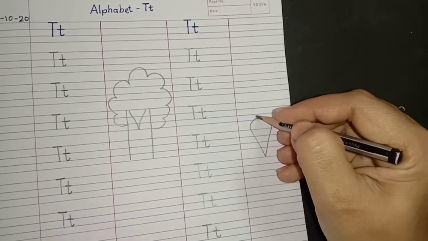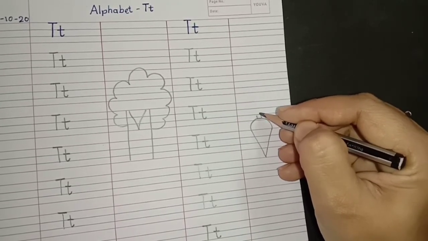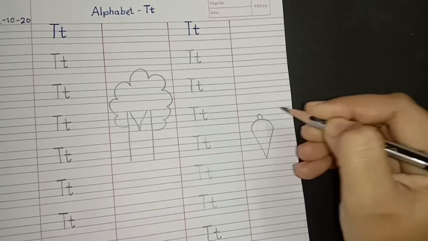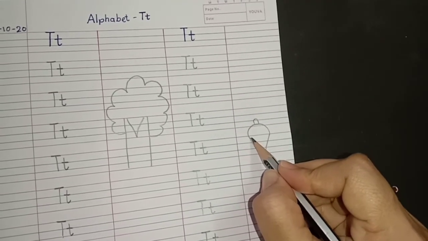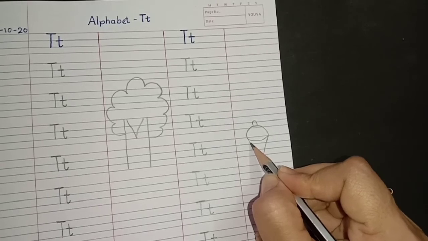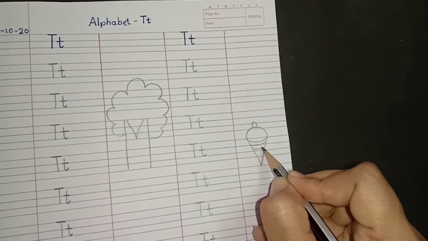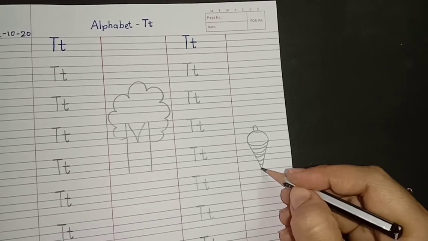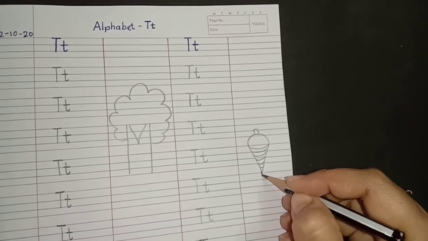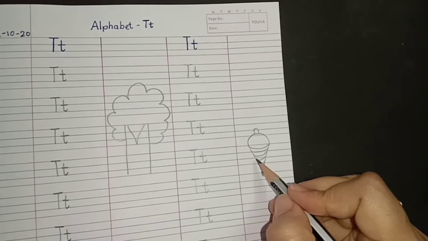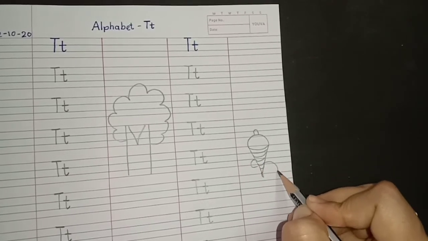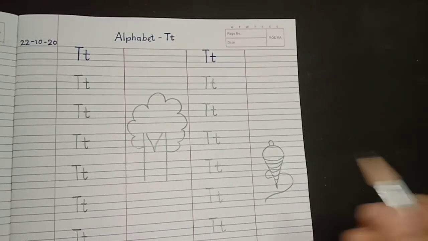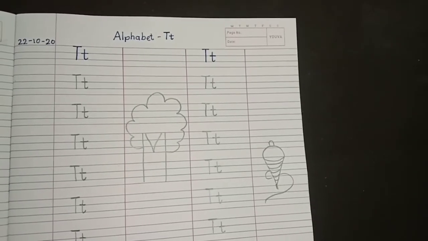Make two small standing lines and make a small curve. Then we will make smileys like this. And then a standing line. And now we will make a thread. T for top.